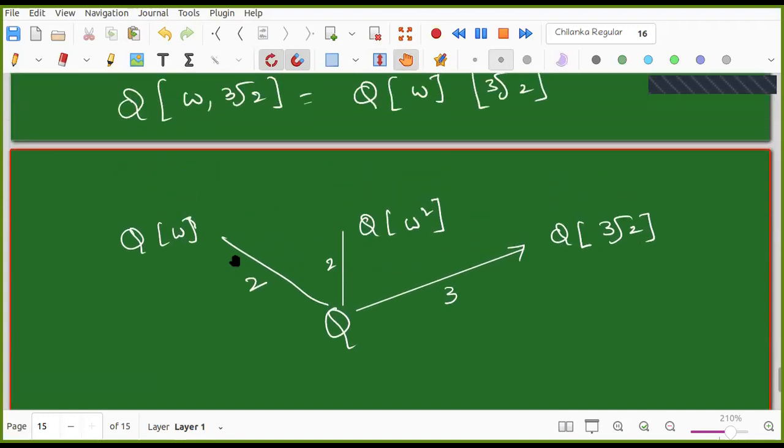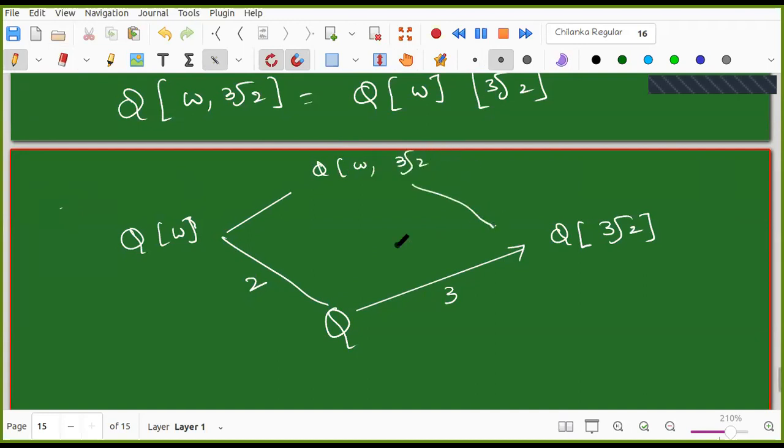So what is omega here? Omega is a root of x² + x + 1. So a degree 3 extension here, and this is a subfield of Q(omega, cube root of 2), and this is also a subfield of it. The degree of the extension is 3 here, and 2 here.